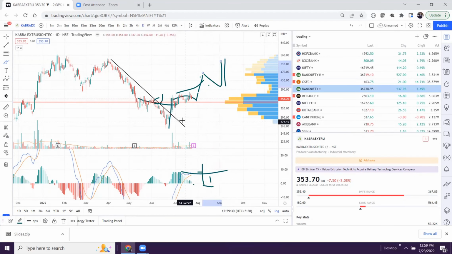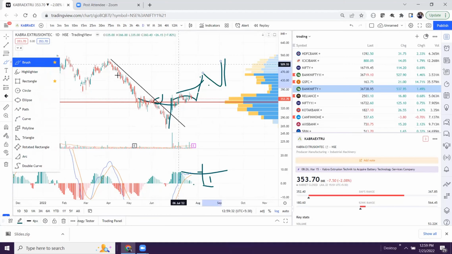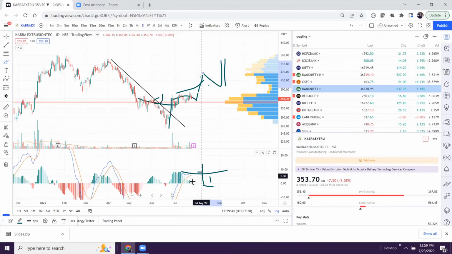But at this moment, no one can tell whether this will be a 5-wave move or only a correction move. If you check the momentum indicators also, there is a possibility of one more move up. That is sure, because even in a correction we will get 3 waves. After that, if we get a divergence, then you have to exit.